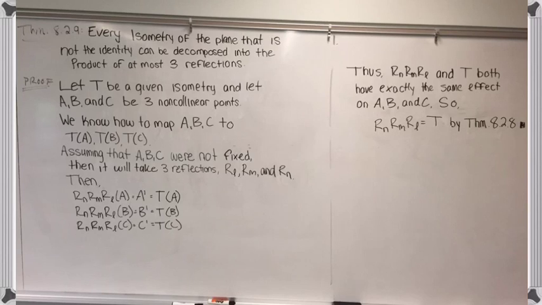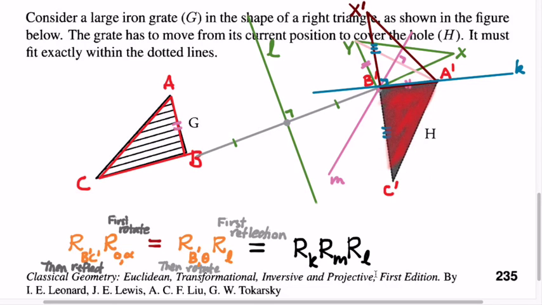The non-obvious part of the argument here was right here. We saw a procedure, actually at the beginning of our hour today, when we talked about the iron grate example. In our iron grate example, we came up with an algorithm for how to carry one triangle onto a congruent copy of itself using a sequence of reflections.